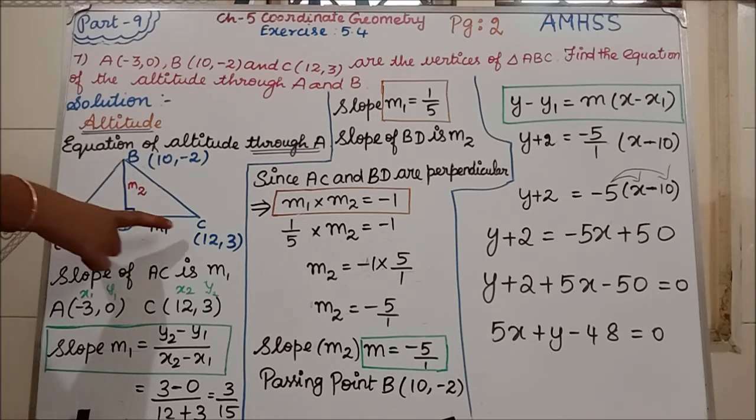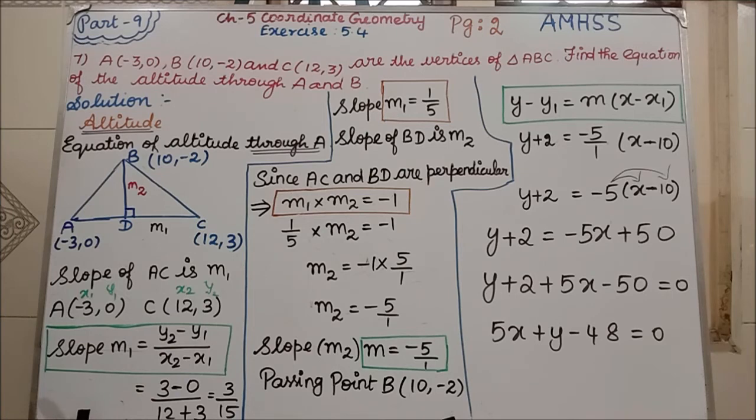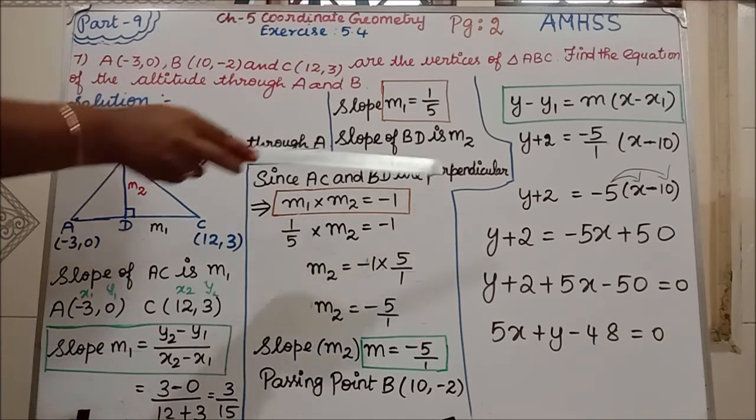Next step, the slope of BD we have to find. We have got m1 as 1 by 5. To find the slope of BD, we have only the vertex B. We don't have the vertex D. So what will we do? We will go for the perpendicular condition.